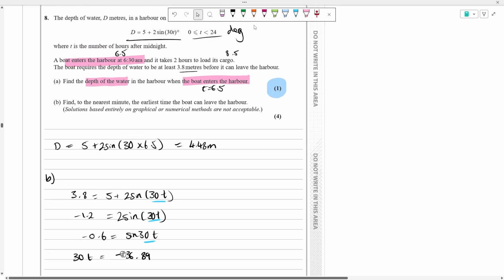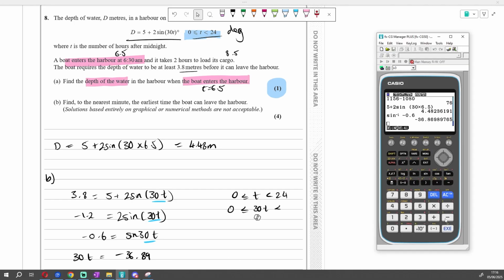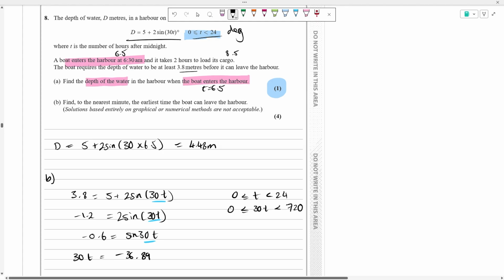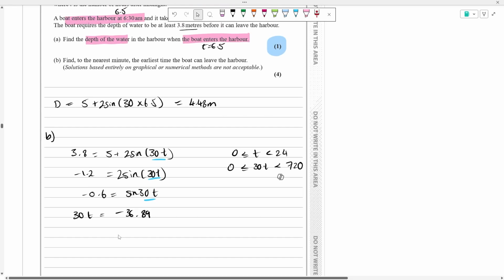So I think it's a good idea to adjust this range to also being within 30t. So this would be 0, I'm going to write the original one, and then 30t would be the following, which is, let me quickly work that out. It's just so that we're able to work out all the different possible values. And it says the earliest time as well, so we'll find out the next one actually.